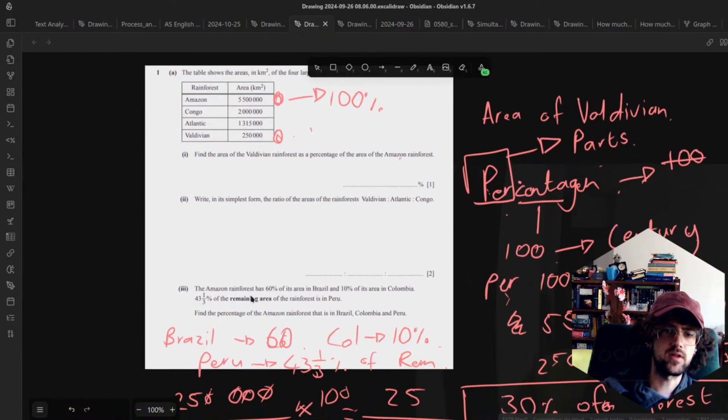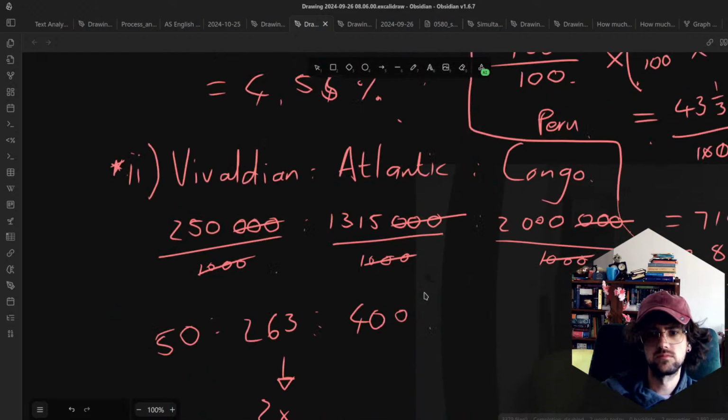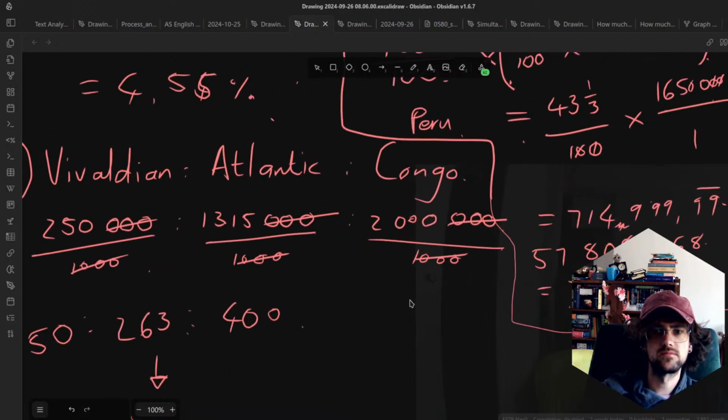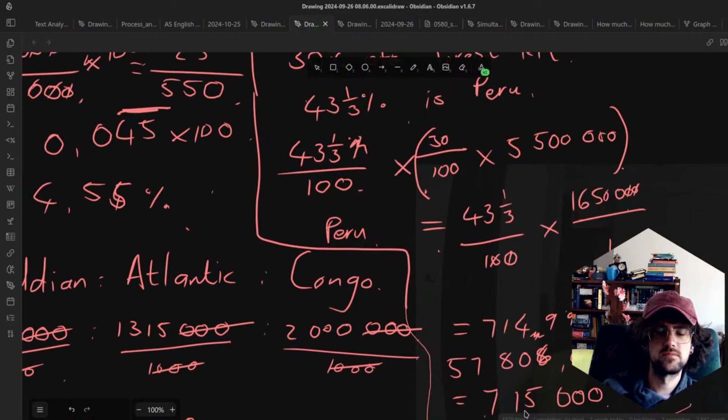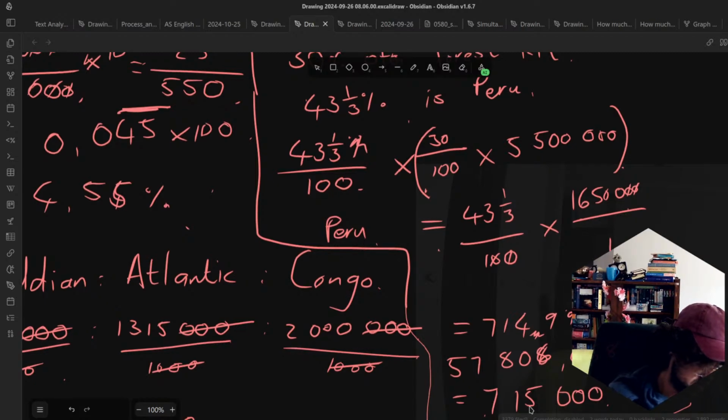Okay, now we're not done with that question. It says find the percentage of the Amazon rainforest that is in Brazil, Colombia, and Peru. I think I just did that step for absolutely no reason. Just check something quickly.